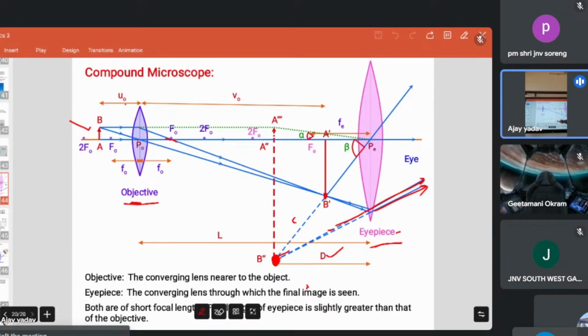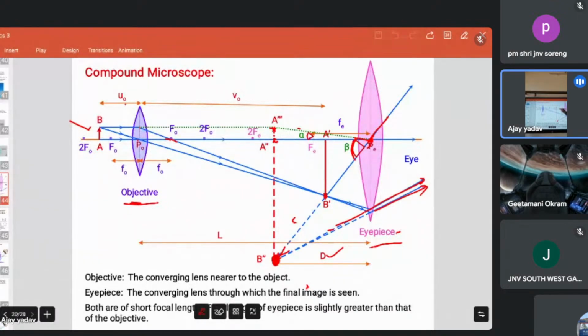So we will join this final position of the image to the optical center of the eye lens. This angle is made by the image, and it is denoted by beta. Again, this is the object. We put this object here because from here we cannot draw the lines. We take this object here and meet this line at the eye lens.